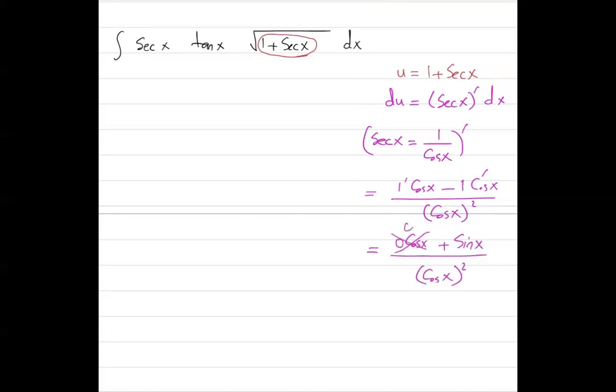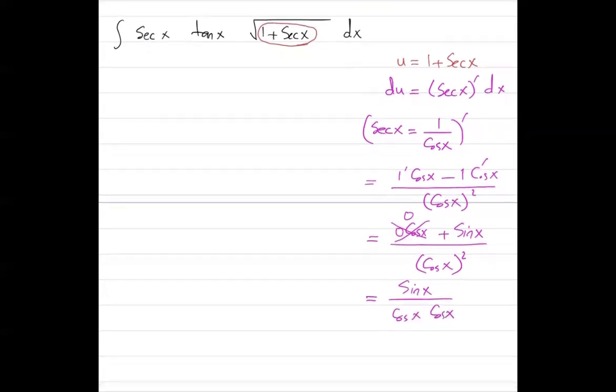0 times cosine is just 0, so you end up with sine x divided by cosine x times cosine x, or in simplified version, sine x divided by cosine x times 1 over cosine x. But what is this?